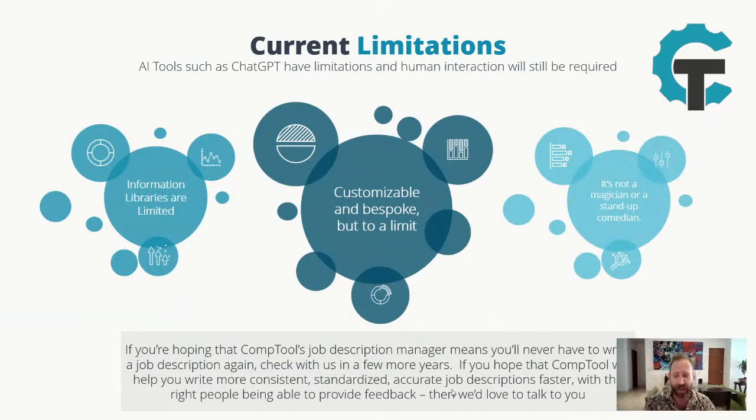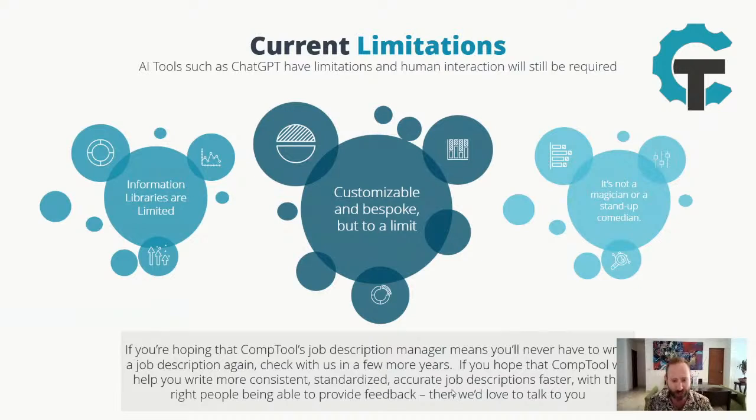And if it's a standardized approach and it can be applied at a global level, we can manage that. We can help with that. But if it's very, very nuanced language that must be included, again, the language models aren't necessarily going to be able to replicate that or build that into it. But again, that's why we're suggesting that the job description management, when it leverages this kind of AI, is really designed to be a tool to enhance your productivity, not to replace the human.